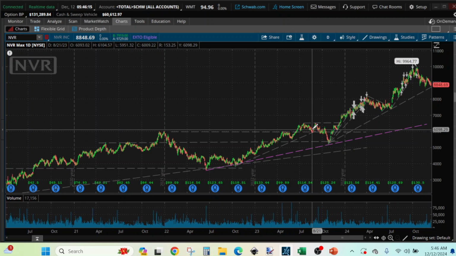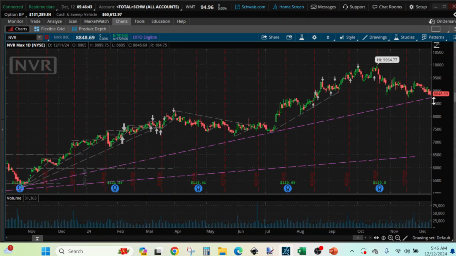We bought it and it pulled down on us. Look at it here. It did those things all the way here before it climbed.